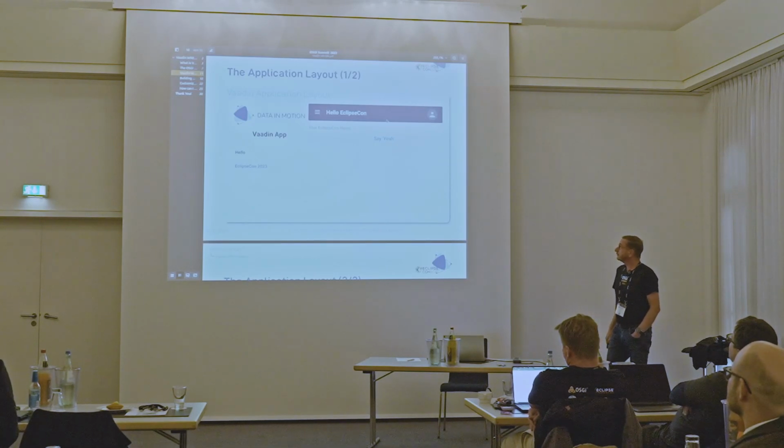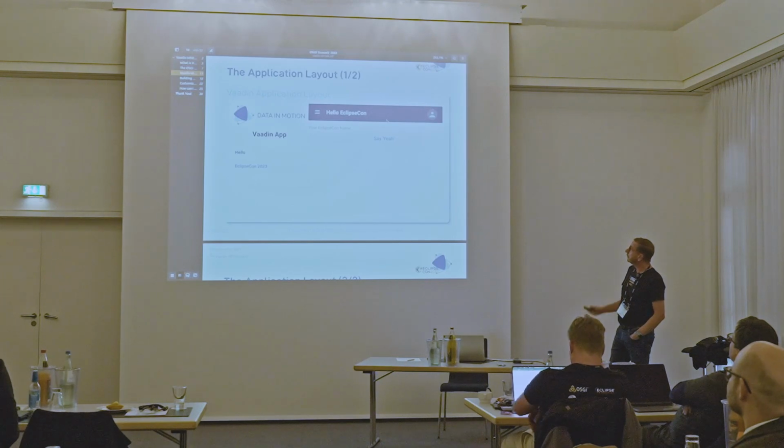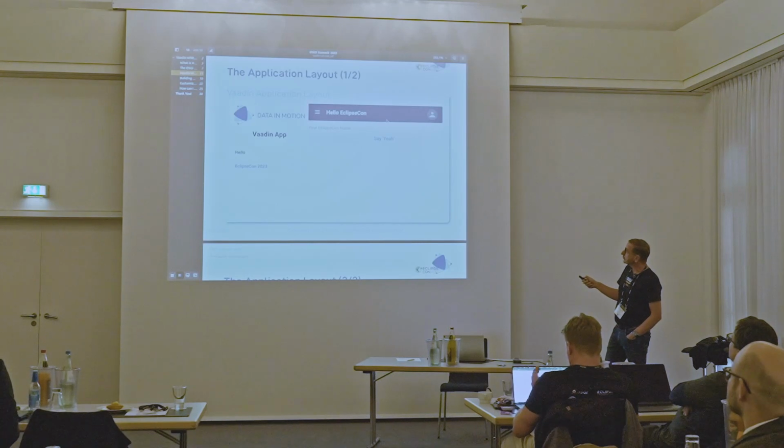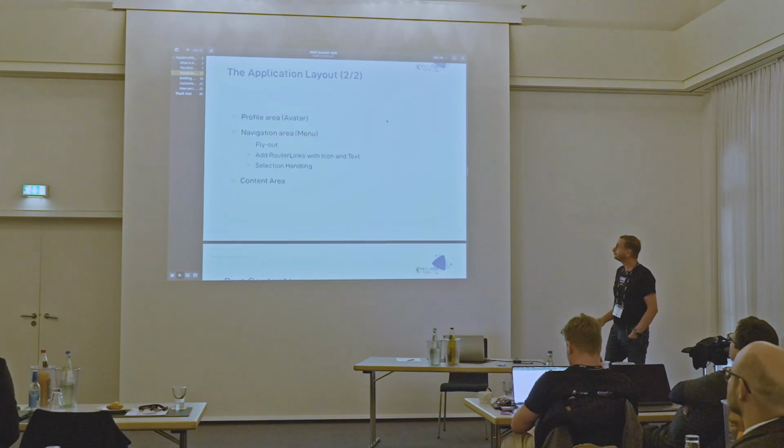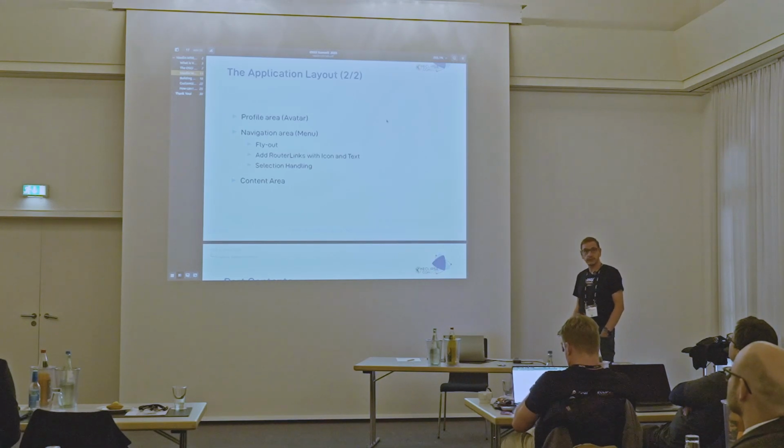And then we can have something like this. Vaadin already provides existing layouts, something like the application layout, which consists of different areas. We have here this badge and main area and some controls and stuff like that. A profile area with avatar, with configurable avatars, and you can place your submenus in it, like logout or settings for your profile.